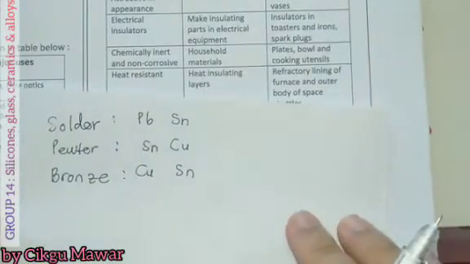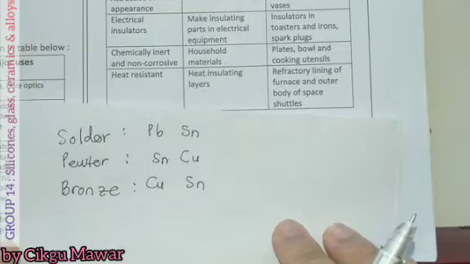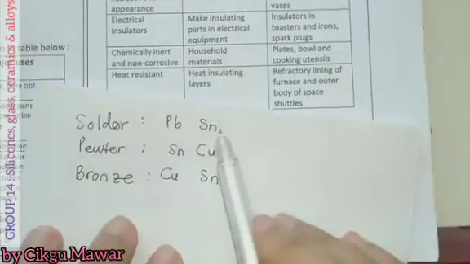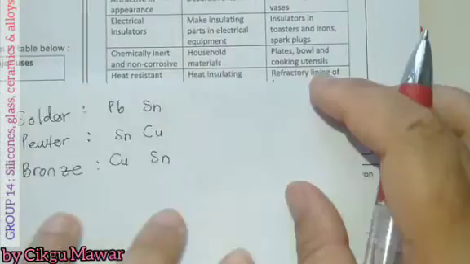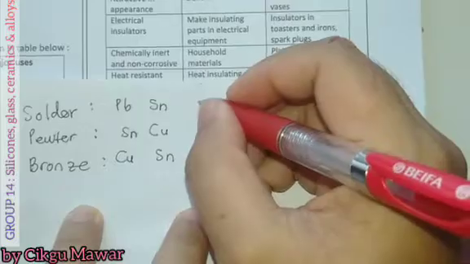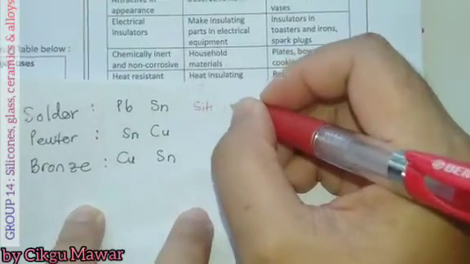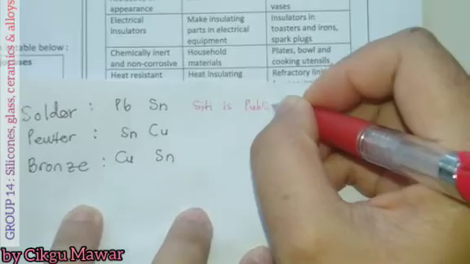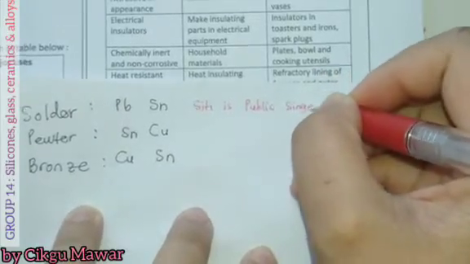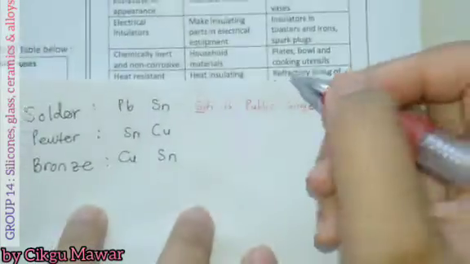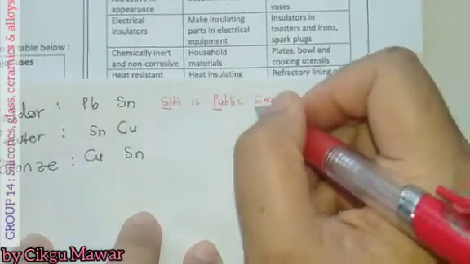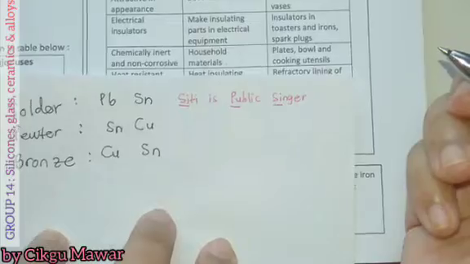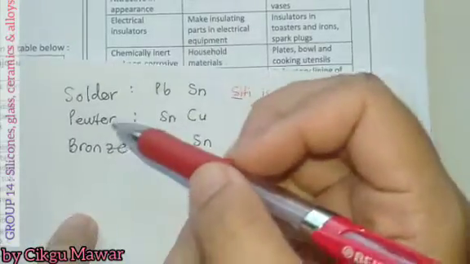So there are some methods to memorize the components of the elements in solder alloy, pewter alloy, and bronze alloy. The first one, for solder, you can use 'Siti is public singer'. Siti Nurhaliza is a public singer, where S stands for solder, P stands for lead, and S stands for tin.